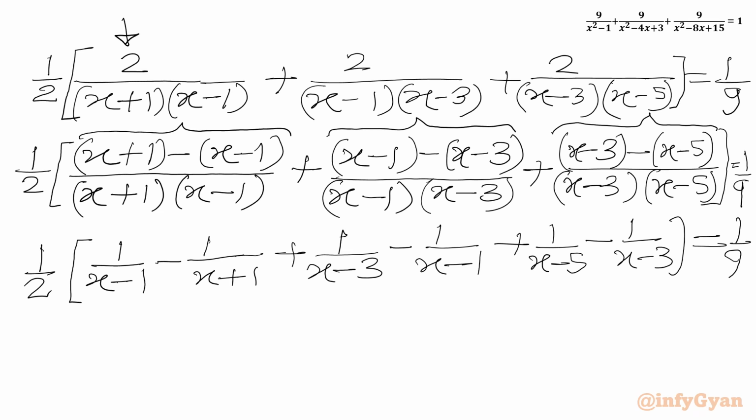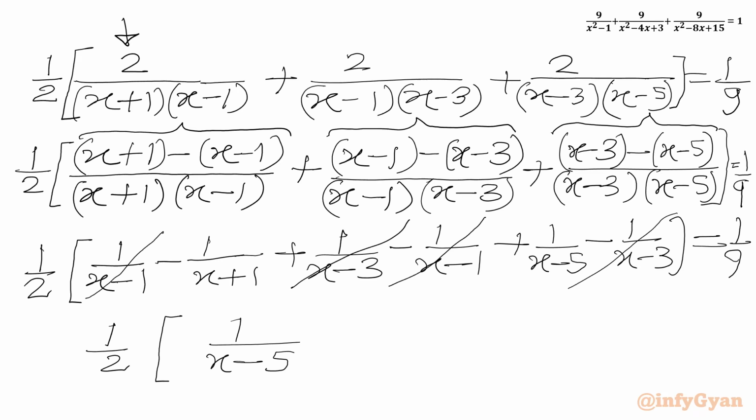Now we can cancel 1 over x minus 3 with minus 1 over x minus 3, and minus 1 over x minus 1 with plus 1 over x minus 1. So we are going to get only two terms in the bracket, 1 over x minus 5 minus 1 over x plus 1 equal to 1 over 9.